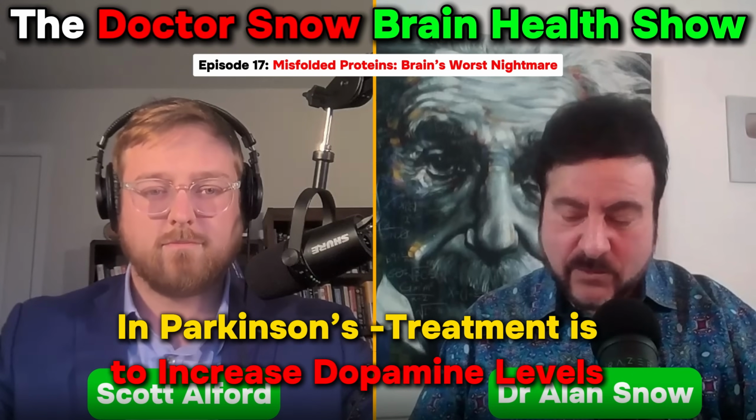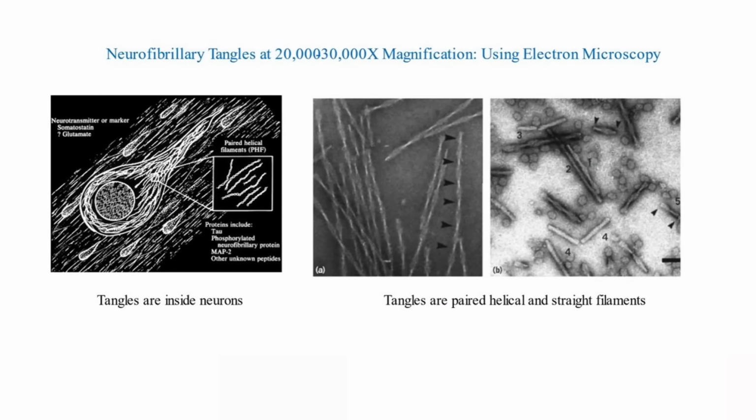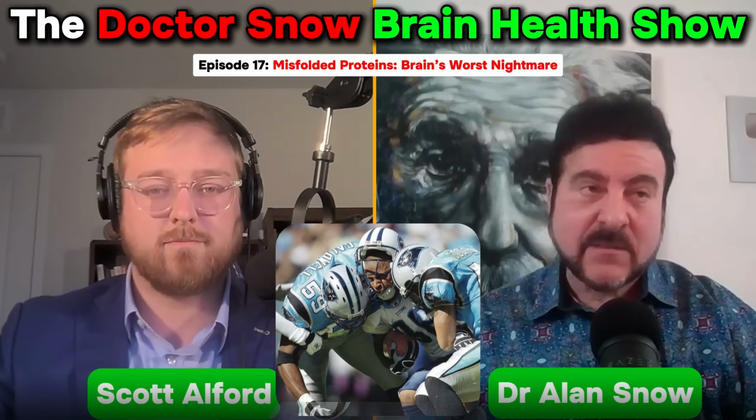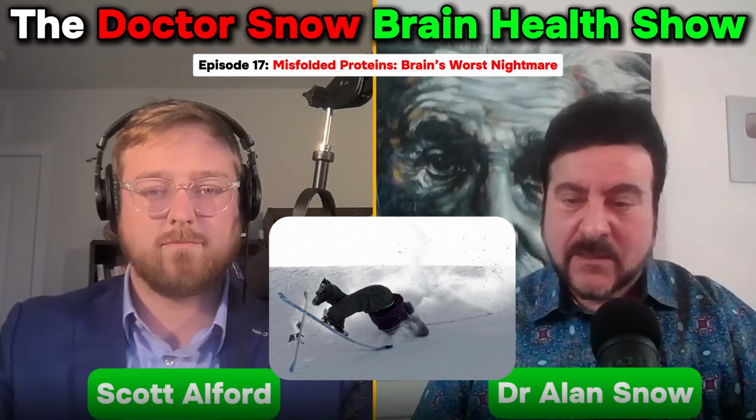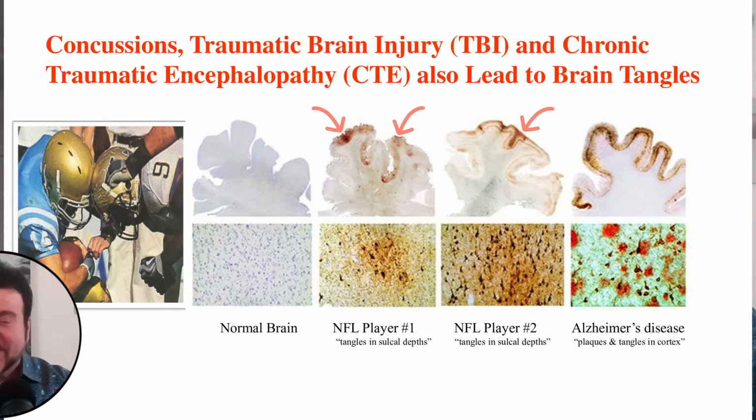Now, CTE, which stands for Chronic Traumatic Encephalopathy, they have tangles in the brain, and this is after repeated blows to the head. So you see it in athletes, football players, soccer players, hockey players, skiers, anybody who has head trauma, repeated blows to the head. They get tangles in the brain, but it's in a different area again.